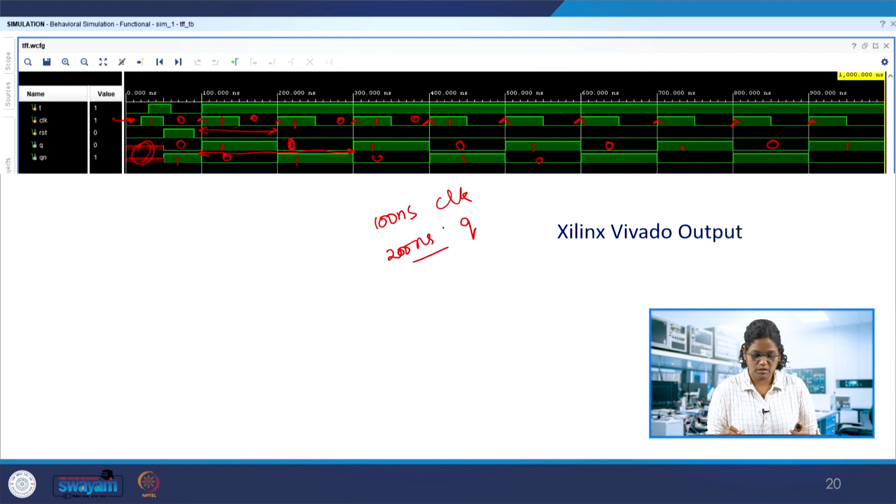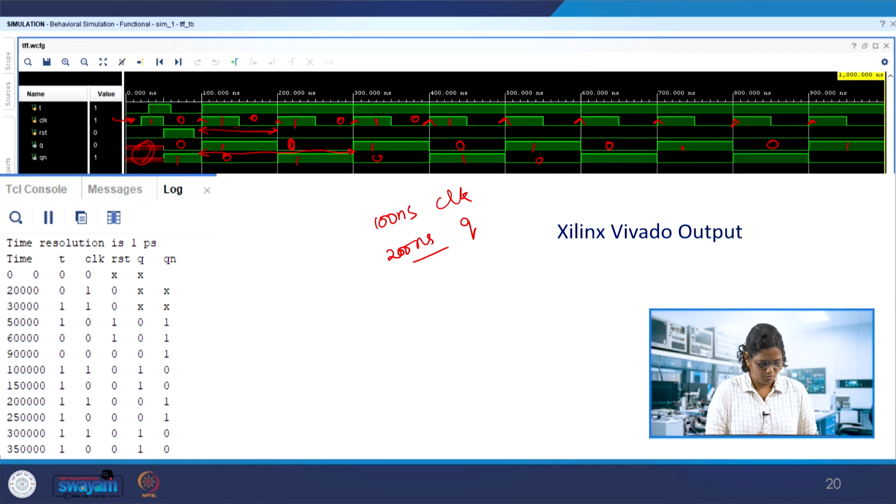You can use it as a clock divider. The time period has become extended, the clock frequency is becoming half. So if you give T equal to 1 and allow it to toggle its output, then you can generate a divide-by-2 clock from the T flip-flop. It can also be used in other applications.